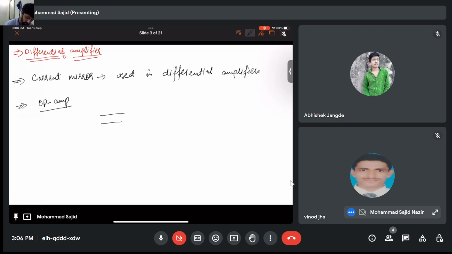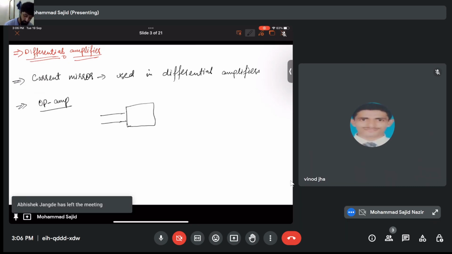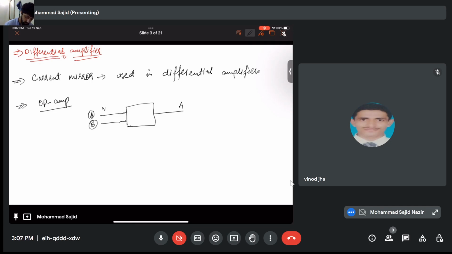Let's say this is a block, this is the A input, this is the B input, with V1 and V2, and a gain of A. You will get the output as A times (V1 minus V2). This is called a difference amplifier.